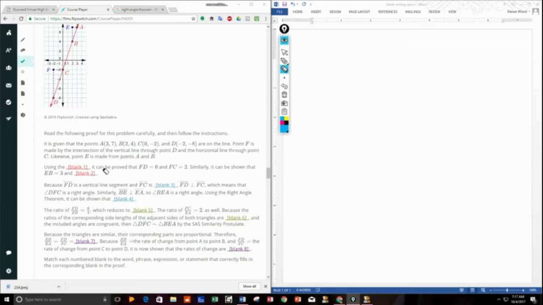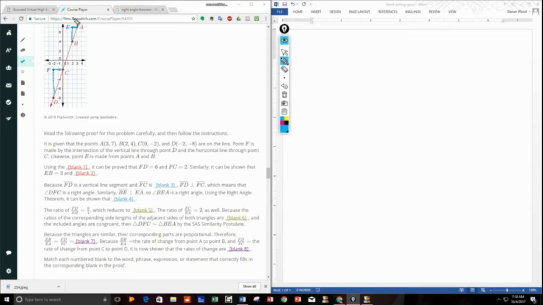So using the blank 1, it can be proved that FD equals 6 and FC equals 2. Similarly, it can be shown that EB equals 3 and blank 2. Okay, so they're finding distances for FD and FC. So I would say blank 1 is the distance formula, and they found that EB was 3, so I'm assuming they want to know what EA's distance is because they found the vertical and the horizontal for FD and FC.